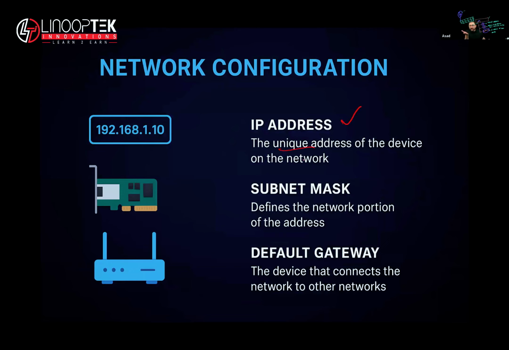The device is your laptop, your desktop, your server. Subnet mask defines the network portion of the address. It defines how many devices you can have on the network. Default gateway, a device that connects the network to another network, basically the IP address of your router.